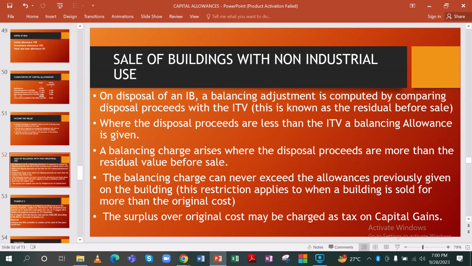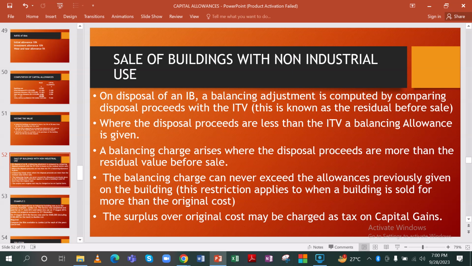Instead, you determine whether there is a balancing charge or balancing allowance. A balancing allowance will arise when the disposal proceeds are less than the income tax value at the start of the charge year in question.